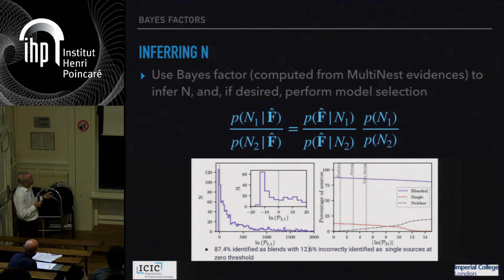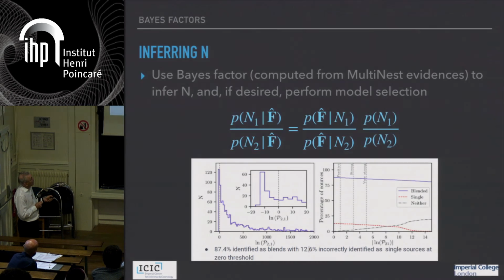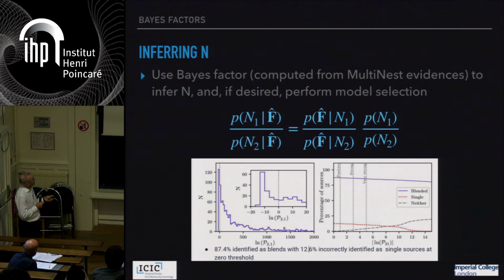So here you see that if you just do a simple cut where you say if the evidence says that it's more probable that it's a single source, you classify it as a single source, then you get about 90% of them correct.